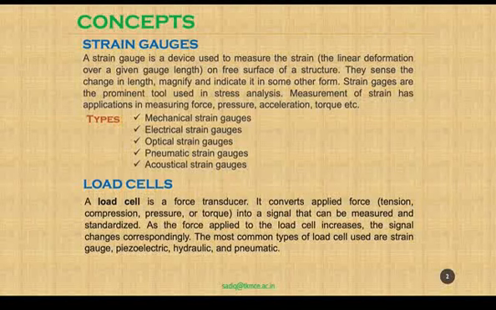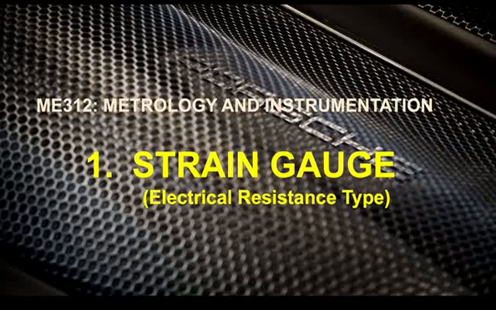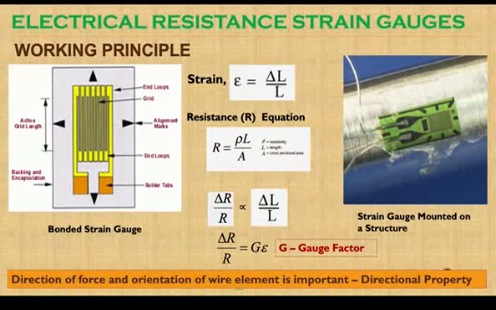There are many common kinds of load cells used in applications, such as strain gauge load cells, piezoelectric, hydraulic and pneumatic cells. In this session of part 1, we are looking at strain gauges, only the electrical resistance type. Let us quickly go to the concept of utilizing a strain gauge for measurement.